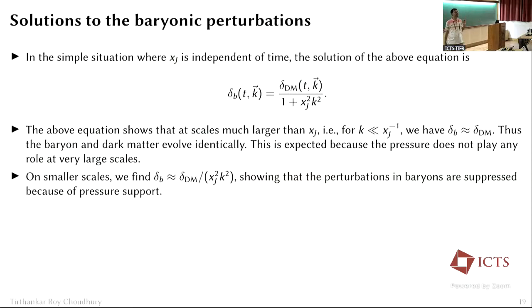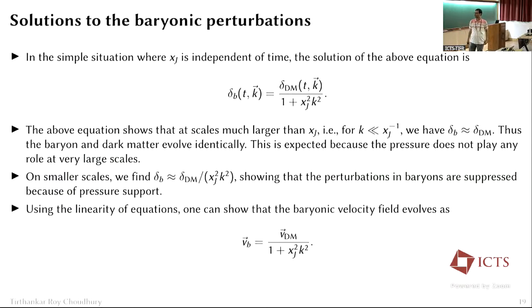So this is the input from linear theory. Linear theory tells you that at large scales, pressure does not matter. Baryons follow dark matter. At small scales, baryonic perturbations are damped because of the pressure, because pressure resists any growth of perturbations or any collapse.